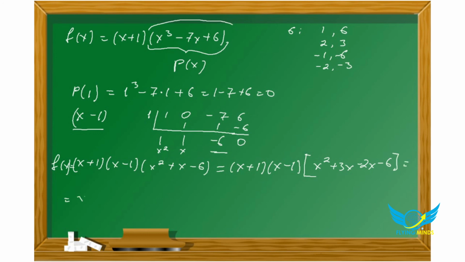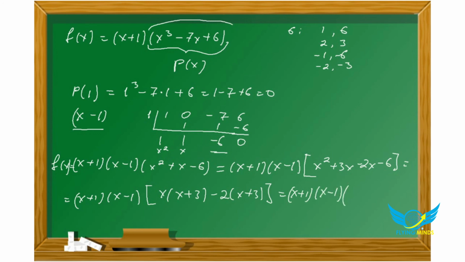So we have x plus 1, x minus 1, x plus 3 minus 2 times x plus 3, and we have x plus 1, x minus 1, and here we have x plus 3 and x minus 2.